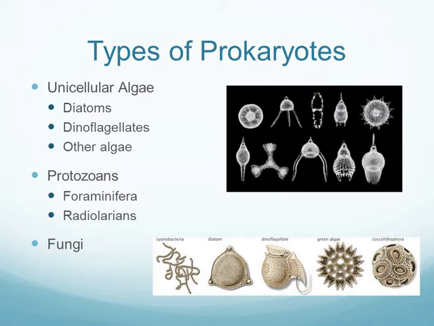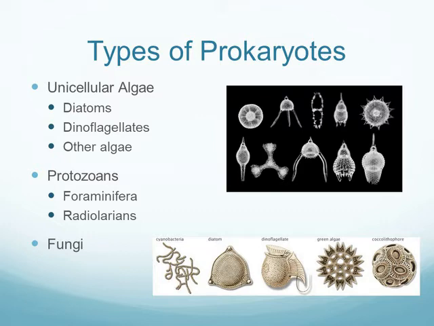Different types of prokaryotes that you can see. Prokaryotes are unicellular algae, or protozoans, or fungi. So they can be any of the three. For unicellular algae, they can be diatoms, dinoflagellates, or just microscopic algae, but those are the main types.